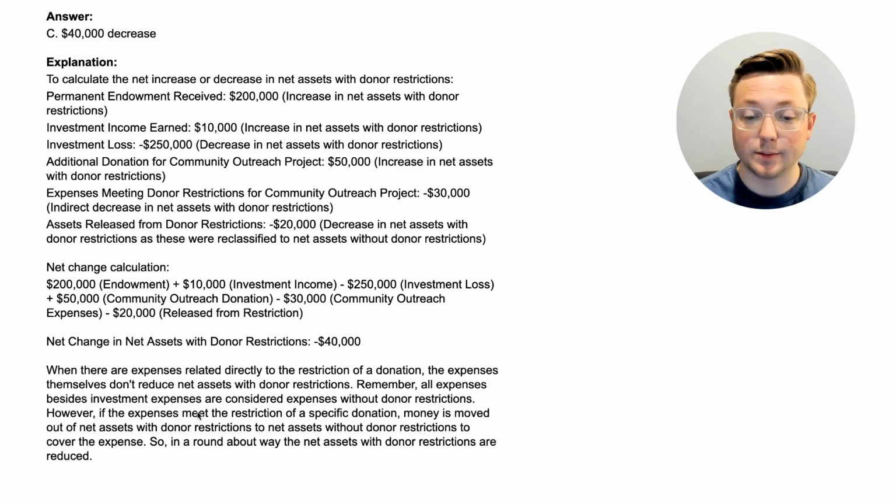However, if the expenses meet the restriction of a specific donation, money is moved out of net assets with donor restrictions to net assets without donor restrictions to cover the expense. So in a roundabout way, the net assets with donor restrictions are reduced. Now let's just say that one more time. In a roundabout way, these expenses do reduce the net assets with donor restrictions, and here's why. All expenses besides investment expenses are expenses without donor restriction. So they're not going to directly decrease the net assets with donor restriction.